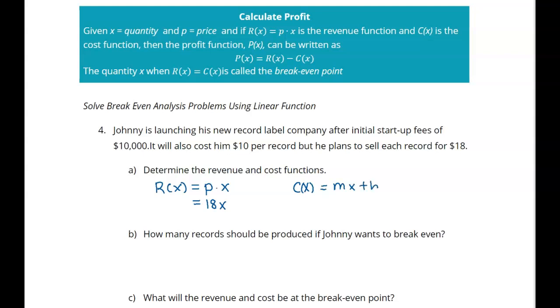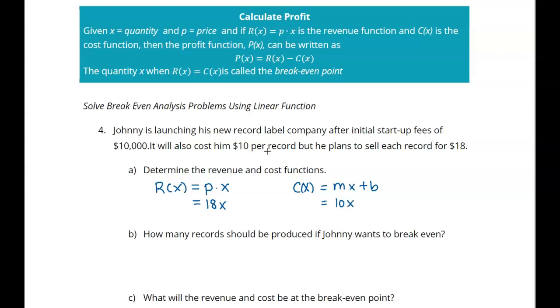Now the cost function C of X is equal to MX plus B, where M is the marginal cost and B is the fixed cost. So we know that it costs him $10 per record. That means that is our marginal cost, so 10x.